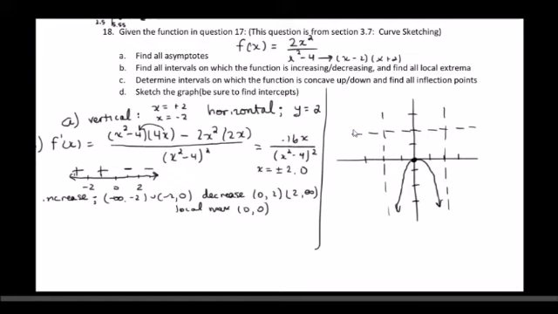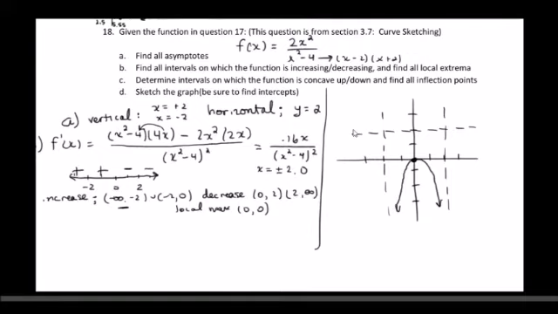And continuing here, the graph is increasing from -infinity to -2. -2 is just our vertical asymptote right there. So the graph is increasing as it approaches -2. And then over here, it's decreasing as it moves away from 2, +2.